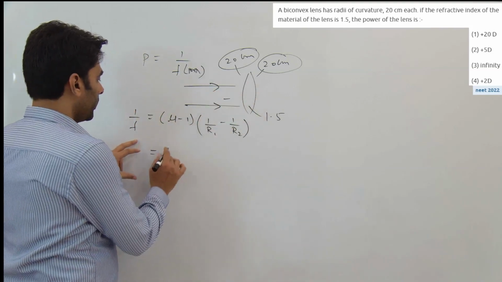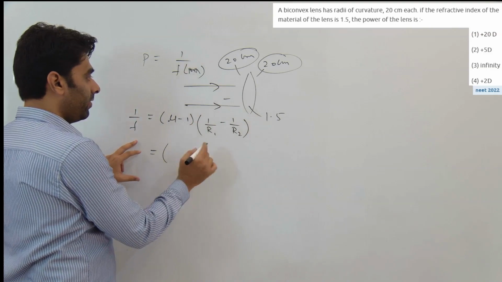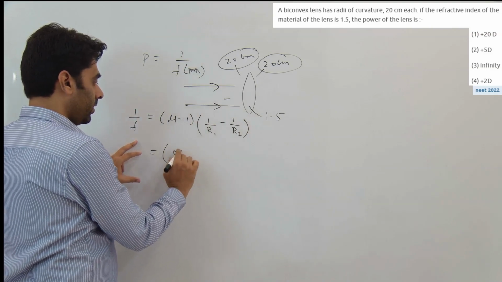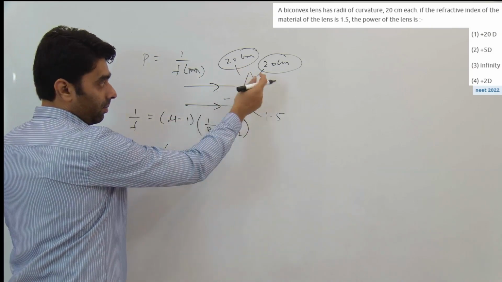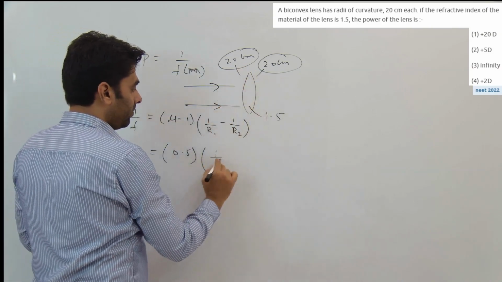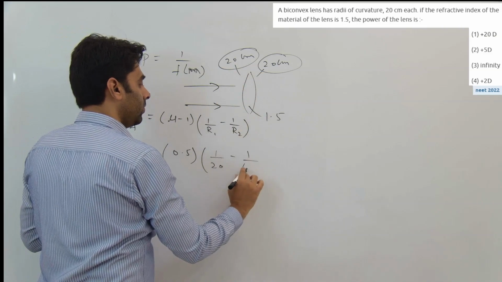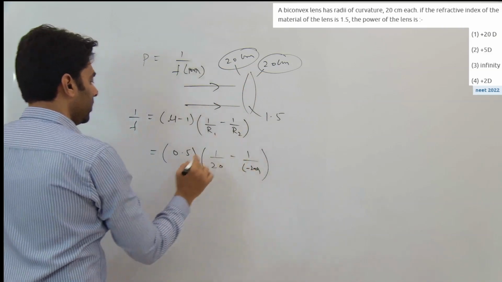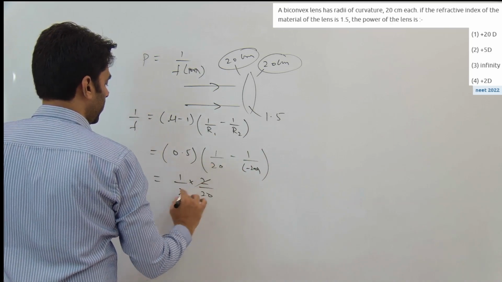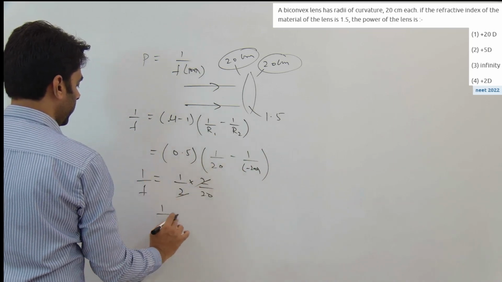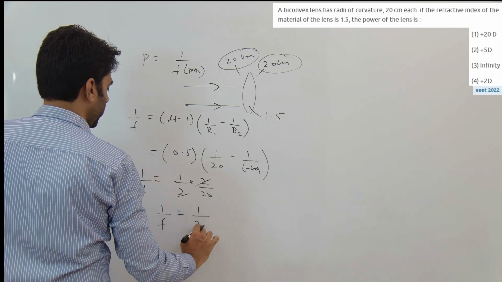So mu minus 1 is 1.5 minus 1, that is 0.5. R1 and r2 are the same in magnitude, but the sign will be different. So this will be 1 by 20 minus of minus 1 by 20. This will come out as 1 by 2 into 2 by 20. So 1 by f comes out to be 1 by 20.